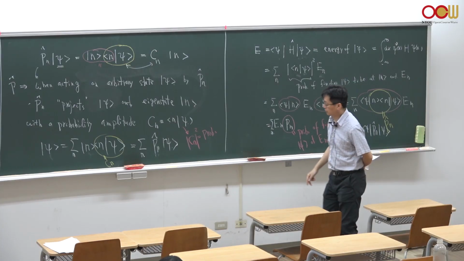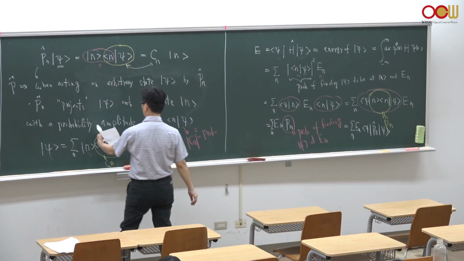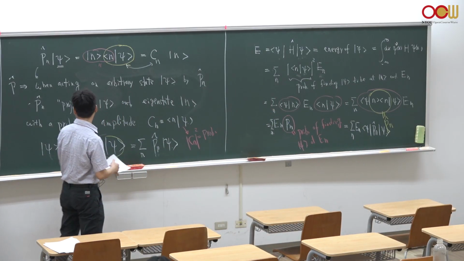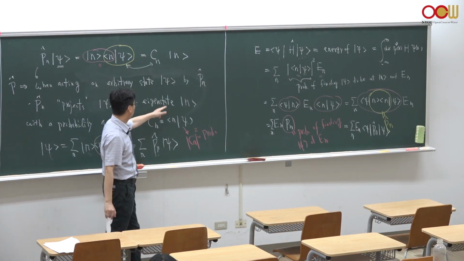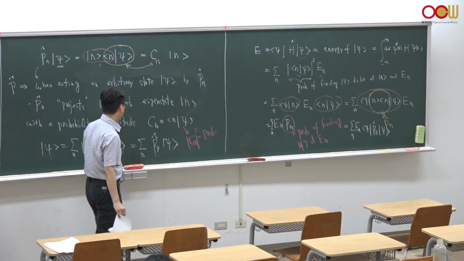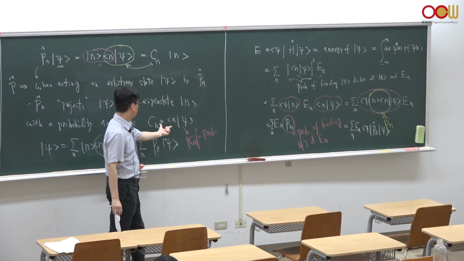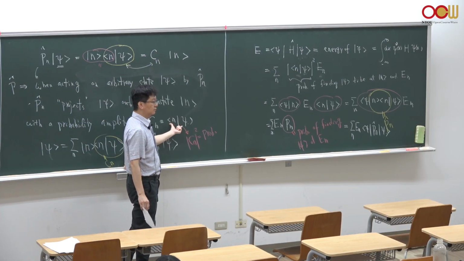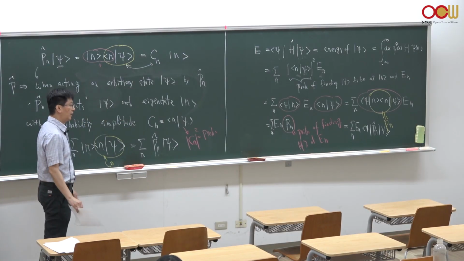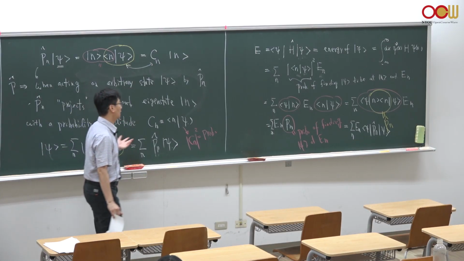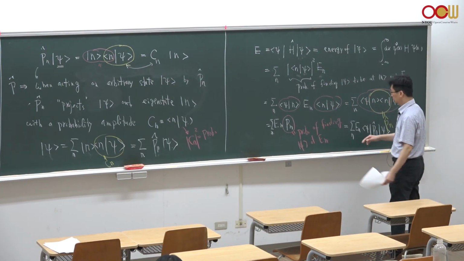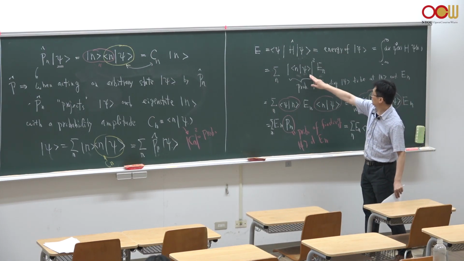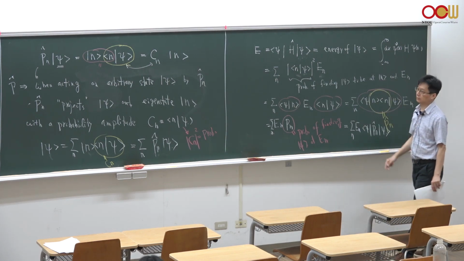It is nothing but this probability amplitude: if you use the projection operator acting on this arbitrary quantum state psi, you get the coefficient Cn, and if you square this Cn, you get the probability Pn, which is exactly what we have right here. So this is the square of that coefficient.